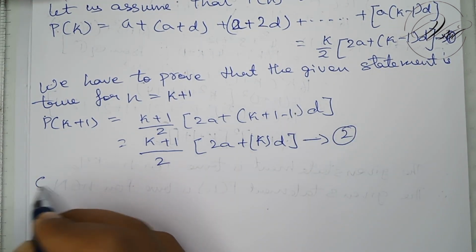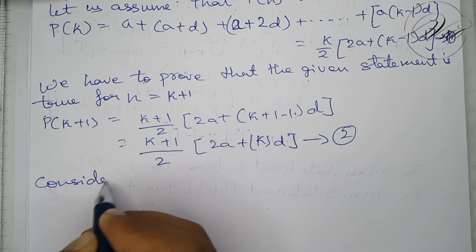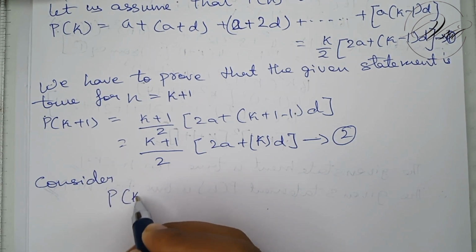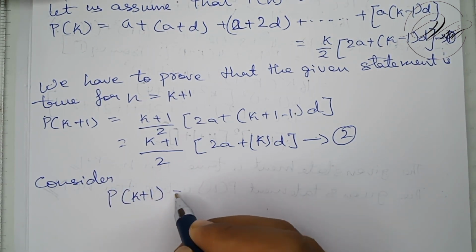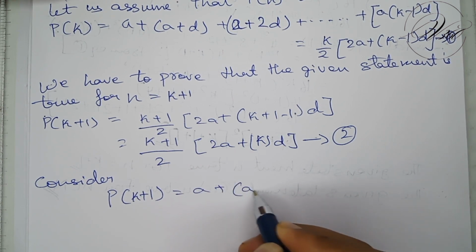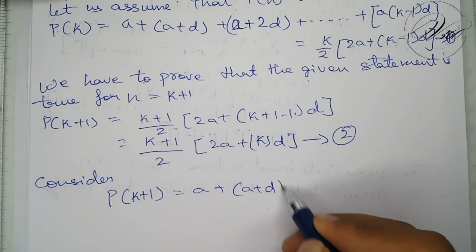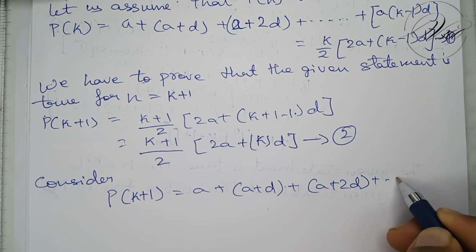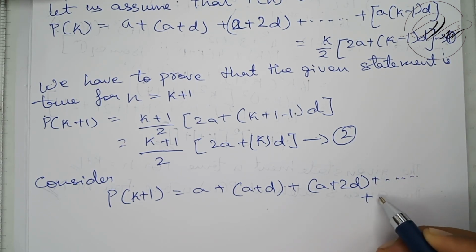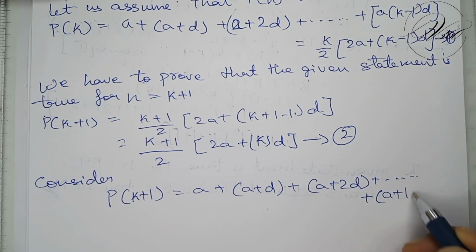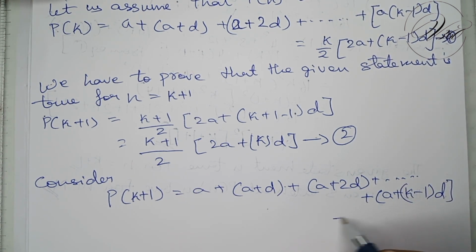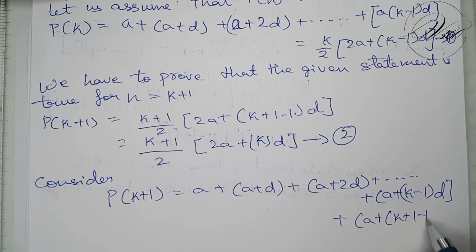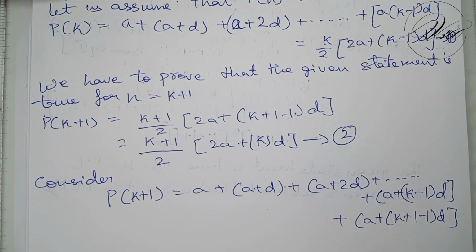Now let's consider p of k plus 1 is equals to a plus d plus a plus 2d plus until a plus (k minus 1) of d plus a plus (k plus 1 minus 1) of d.